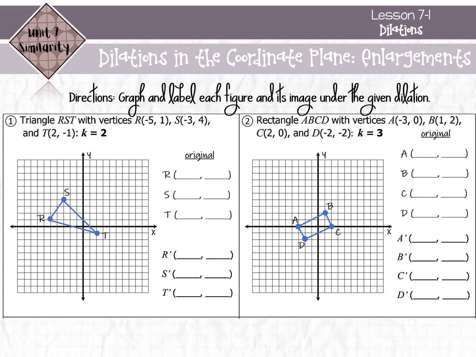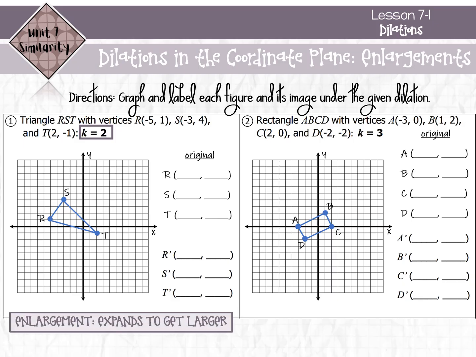Dilations in the coordinate plane. Enlargements first. Directions. Graph and label each figure. I have the original figure there for you and its image under the given dilation. So we have triangle RST with vertices R at (-5, 1), S at the point (-3, 4), and T at the point (2, -1). k is 2, so the points are going to involve an enlargement.